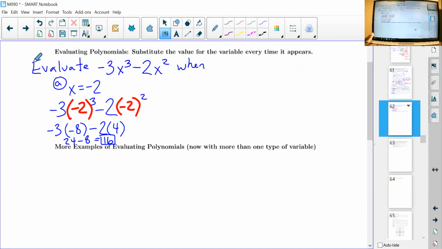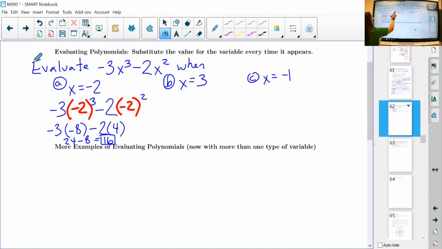What if x is 3? Go ahead, copy this down again, but instead of negative 2, you're putting in 3. See what you get. And then you can also try x equals negative 1.